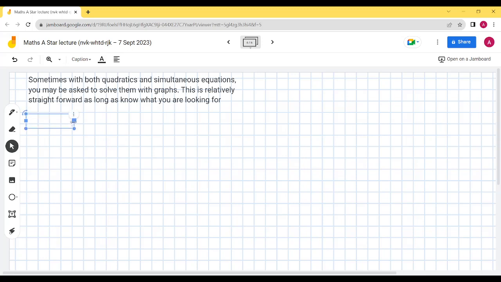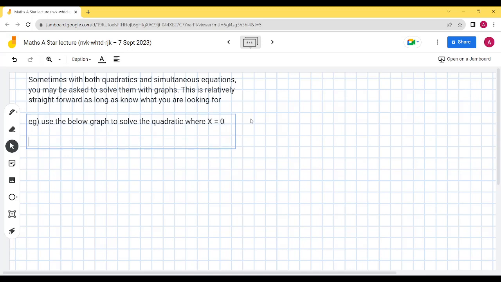So you'd be asked, for example, use the below graph to solve the quadratic for where y equals 0.